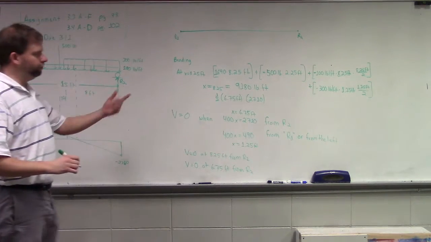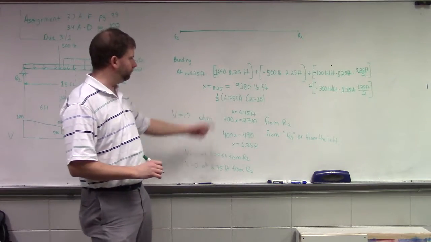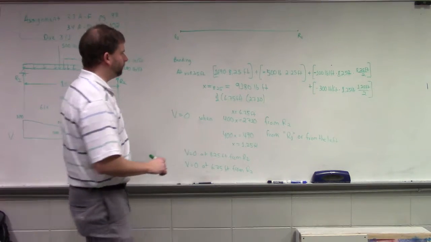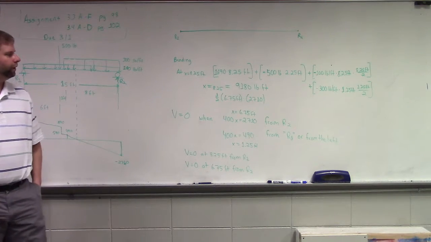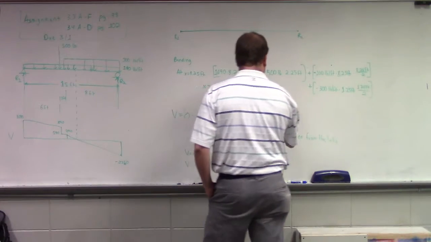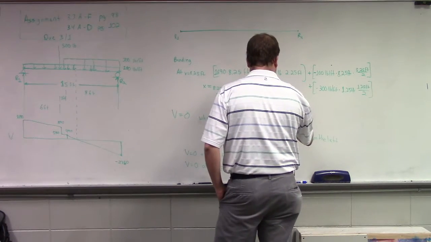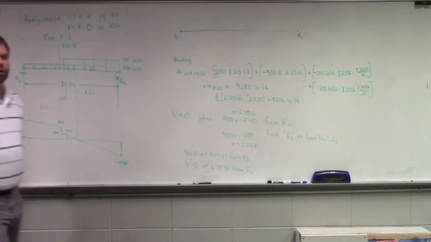Remember you have to multiply that by half, so that becomes 1355, times 6, it's going to be pretty close. I got 9,146. It's just rounding, right? Yeah. 2.25.